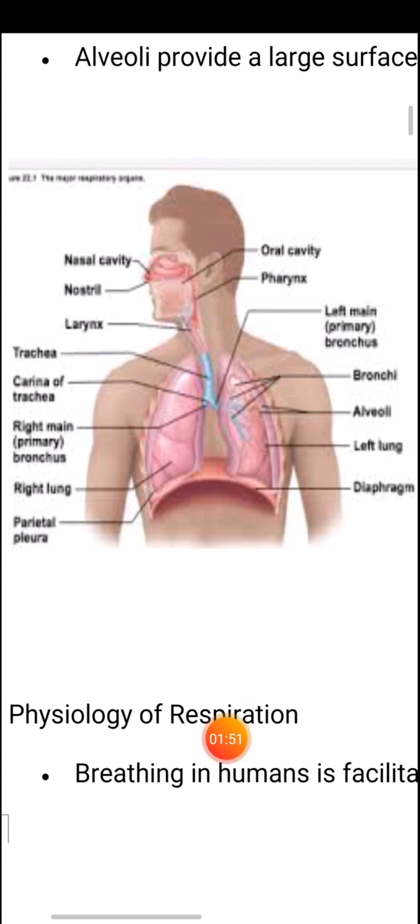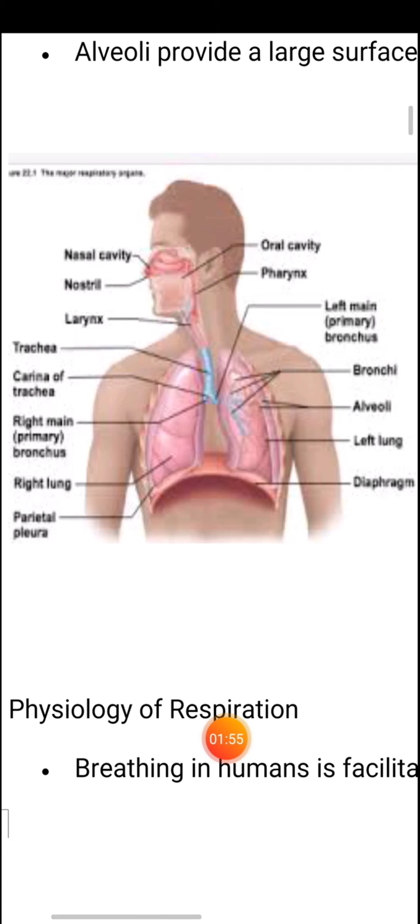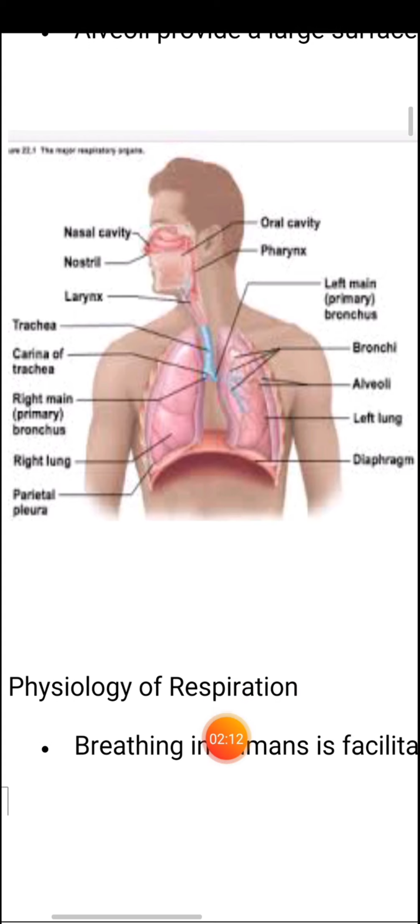Just below the larynx, the voice box, the original pathway of respiration in humans begins. The first tube that connects the larynx to the lungs is known as the trachea.